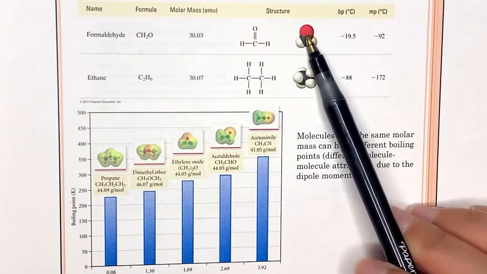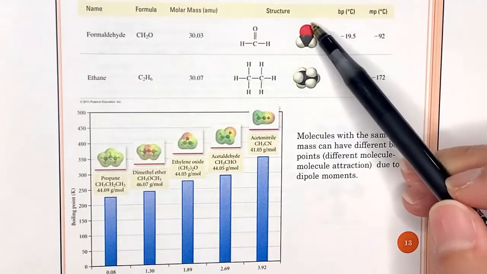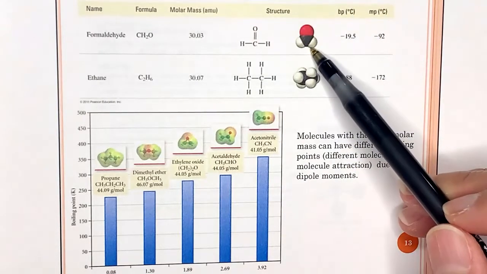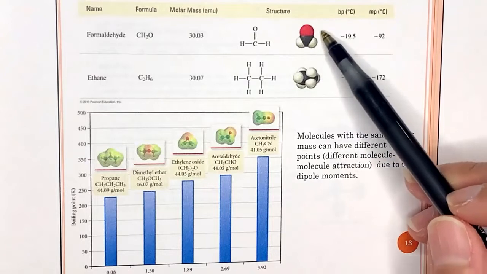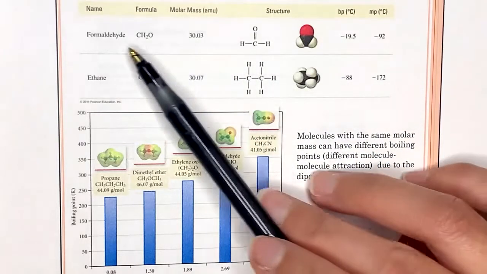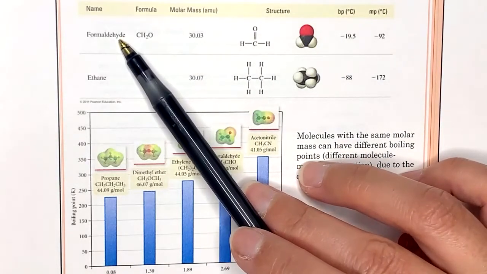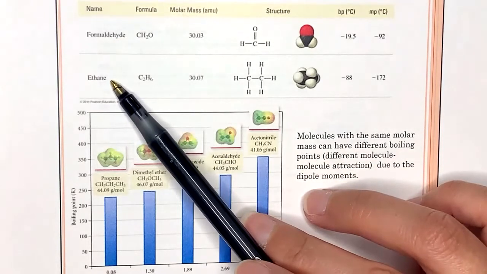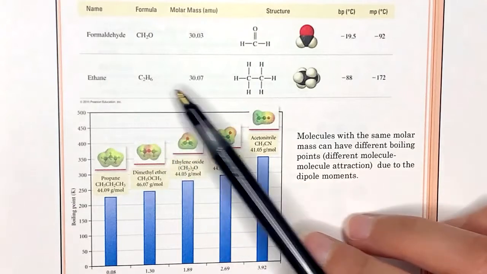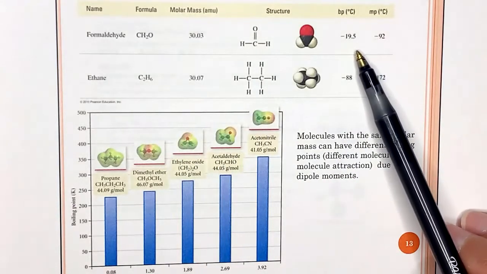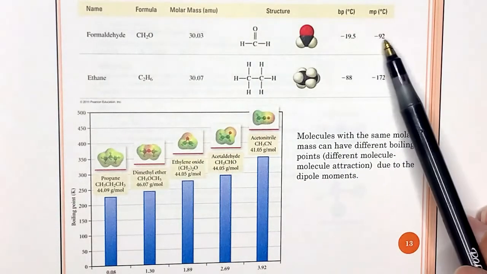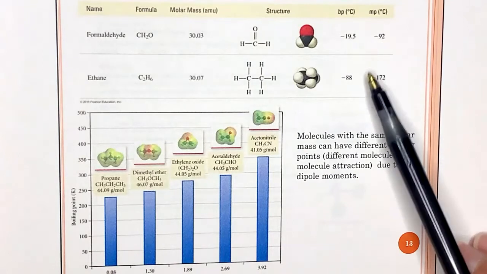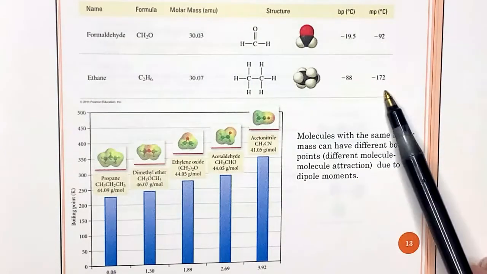The molecule is negative on the top and positive on the bottom, so it has a permanent dipole. Therefore, formaldehyde has London dispersion forces, and it also has dipole-dipole force. Ethane only has London dispersion force. Because of this, you can see formaldehyde has much higher melting and boiling points compared to ethane, okay?